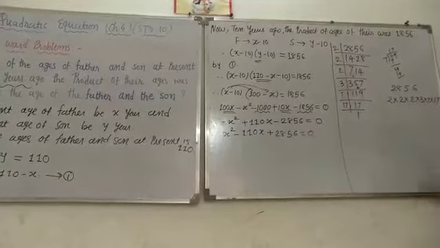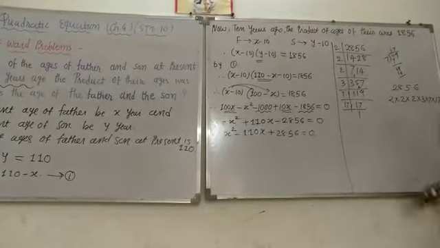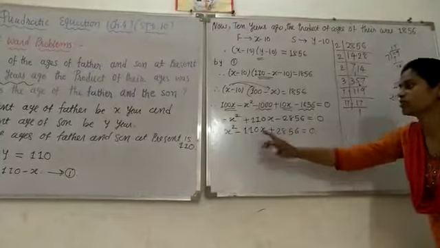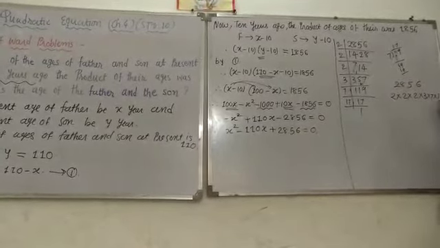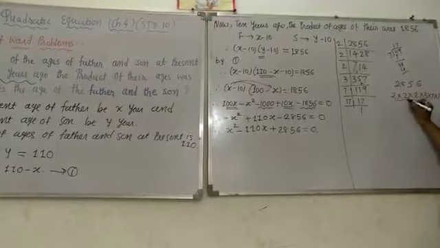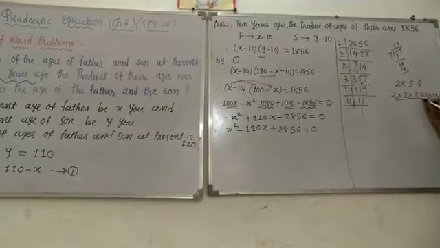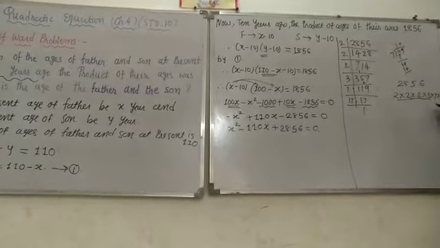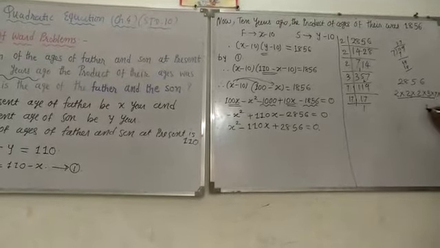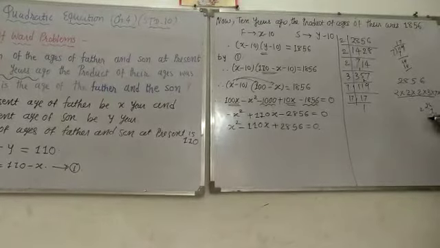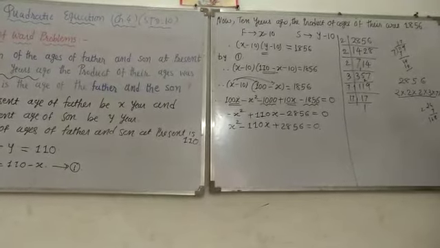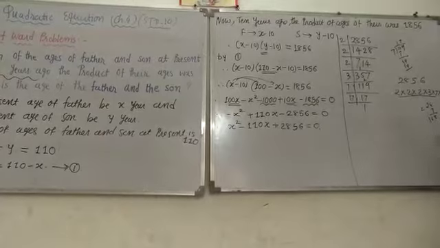Now make a pair of two such that the addition becomes 110. Now check. 17 into 2 into 2 into 2 into 3 is 408, and 7... 168 plus 17 is not possible.